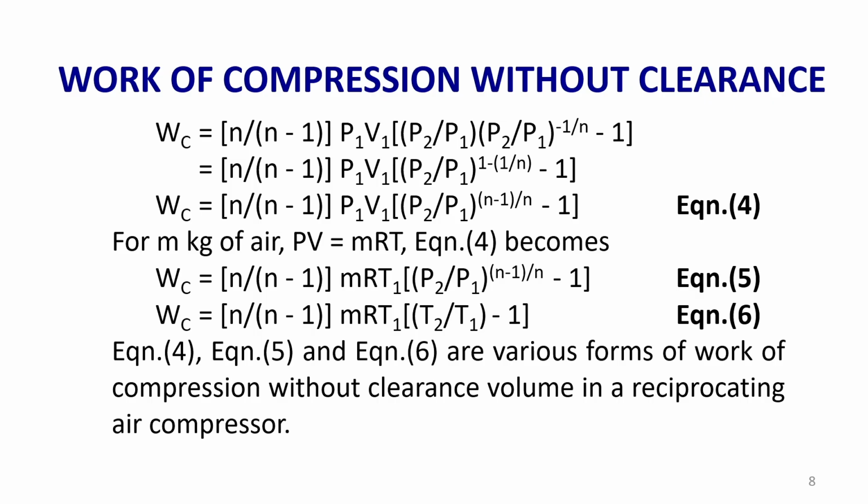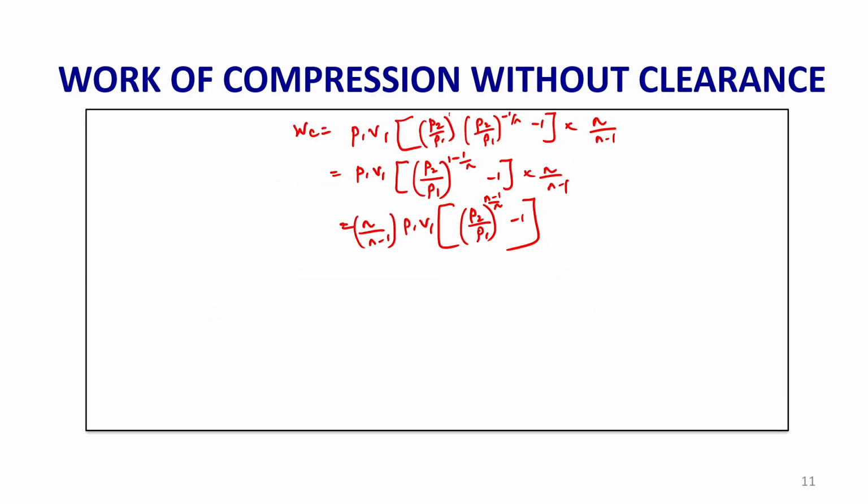Now, instead of P1 V1, we can put the equation of state. So, this will be equation number 4. We know that from equation of state PV equal to MRT. Therefore, applying this equation to state 1, P1 V1 equal to M is constant, R is constant, T1.